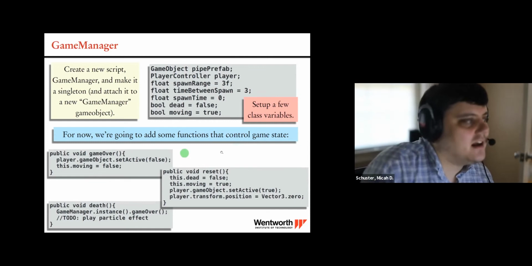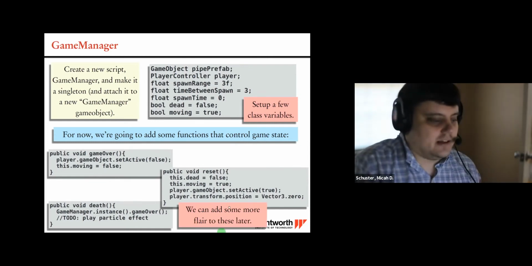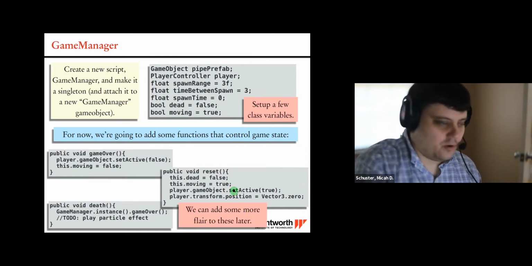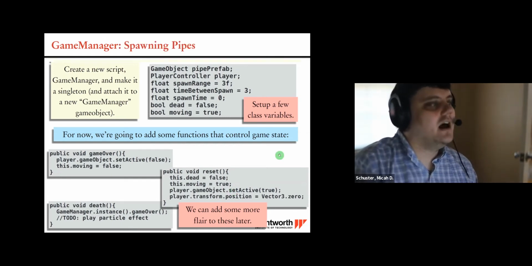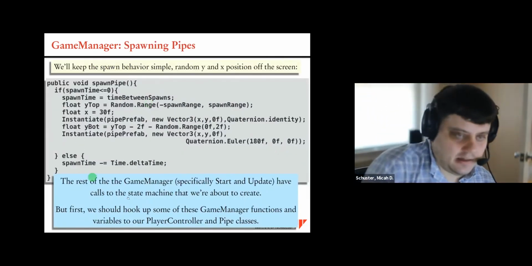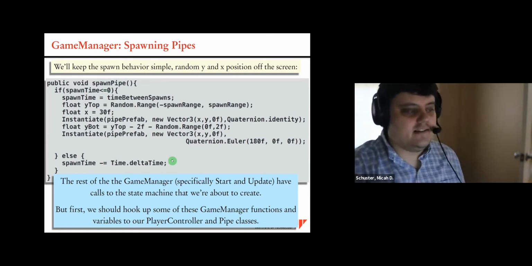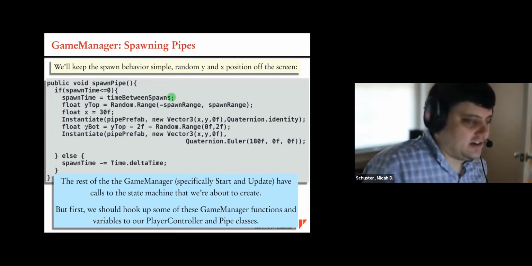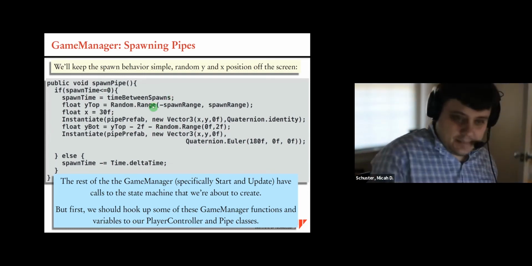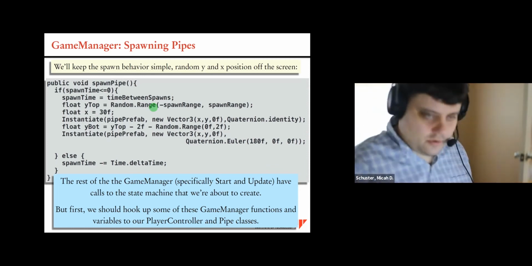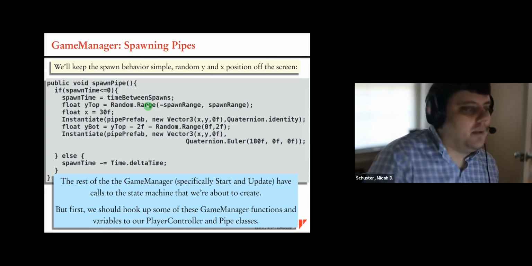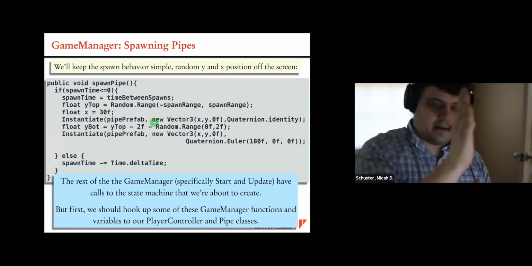In addition to that, so we can add more flair, more functions, break some of this stuff out a little bit more later on, we're also going to do the pipe spawning. I'm going to talk about what this code does when we get to that point and when I actually code it up. It's going to be very similar to the Volcano Island spawning that we do, but we have to spawn a top pipe and a bottom pipe.